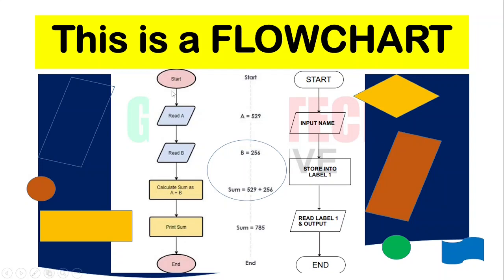We have a flowchart, an example of a flowchart to add two numbers. Now I can place a comment that says this program will add two numbers and give you your results.